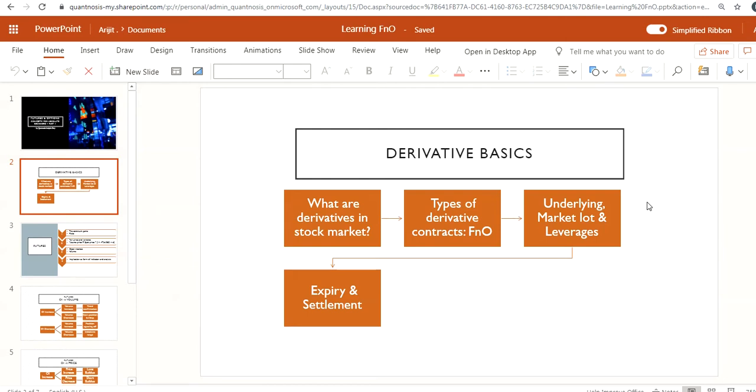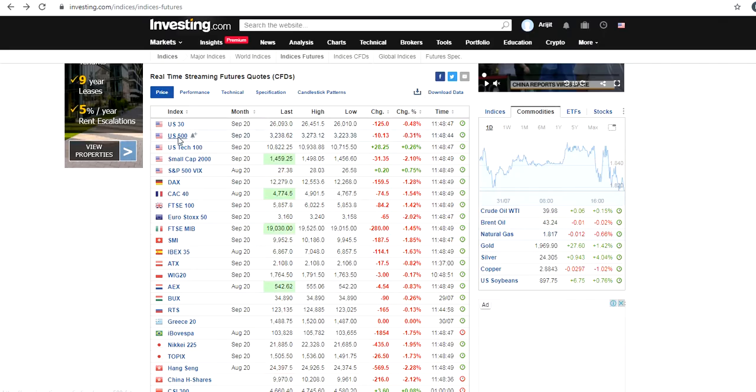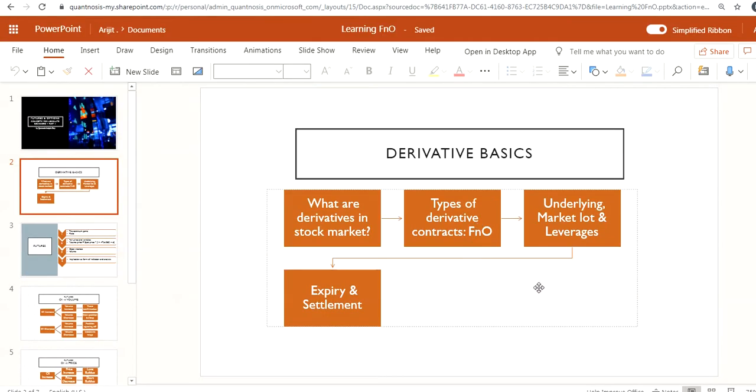So derivatives are dependent on something, so they cannot exist independently. The price of the derivative will depend on that something else. In some cases it could be an index, or a stock, or some commodities, or some currencies.